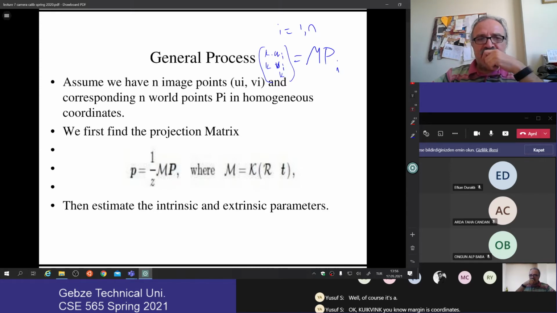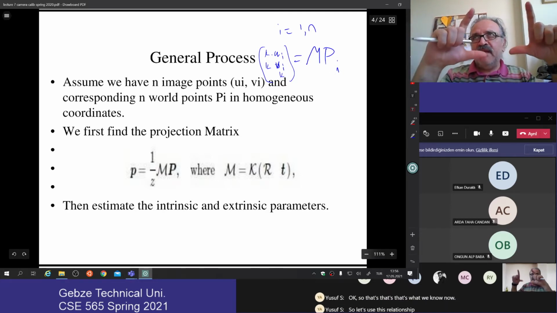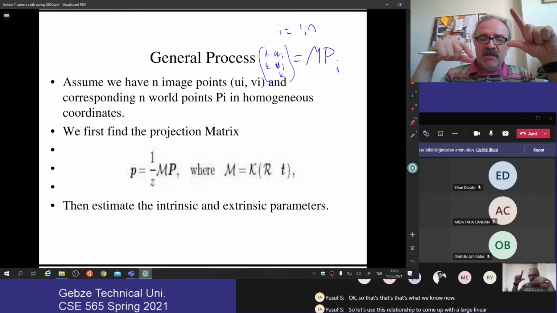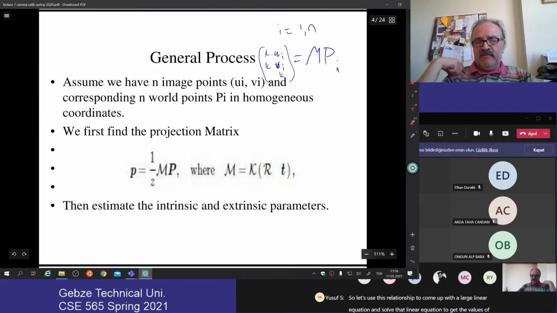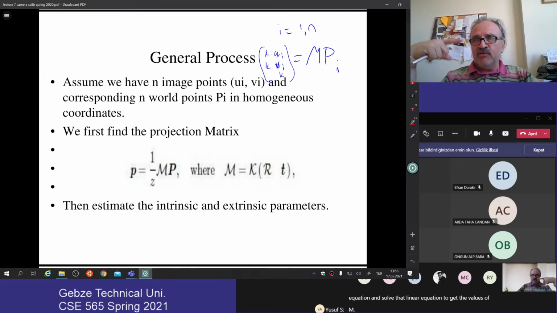Okay, so that's what we know now. So let's use this relationship to come up with a large linear equation and solve that linear equation to get the values of M.